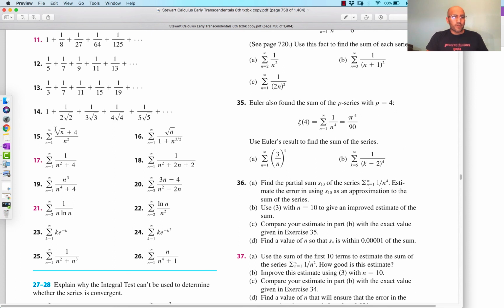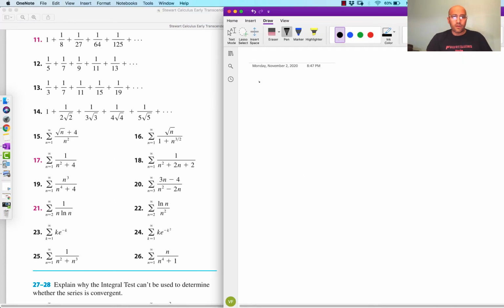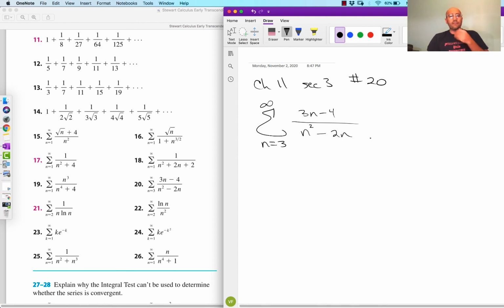Okay, let's move on. How about something like number 20? What should we do here? Number 20. So this is chapter 11, section 3, number 20. We have the sum as n goes from 3 to infinity of 3n minus 4 divided by n squared minus 2n.